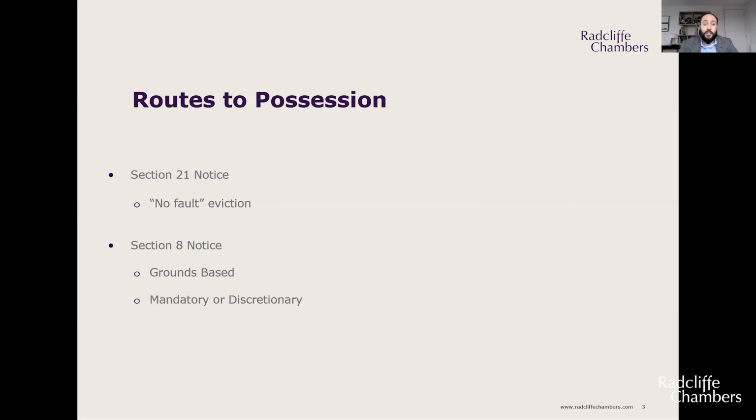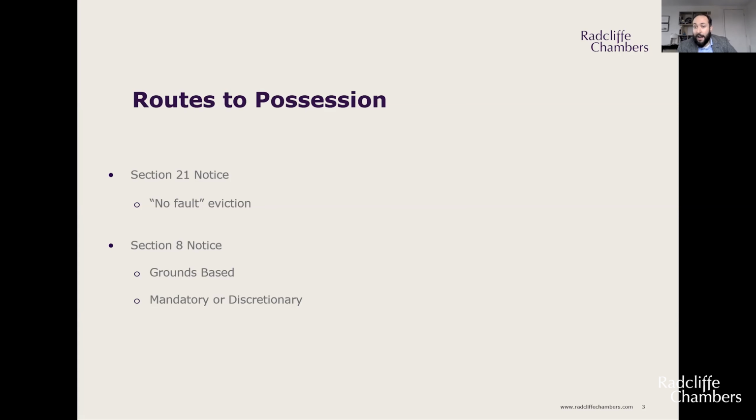The other option is to use a Section 8 notice. This is a fault-based or grounds-based route to evict a tenant and obtain possession of a let property. There are a variety of grounds which, if proven, entitle the court to make an order for possession under Section 8.